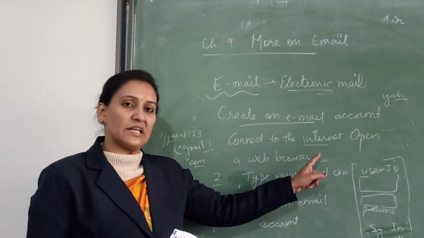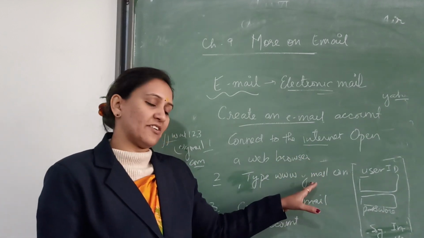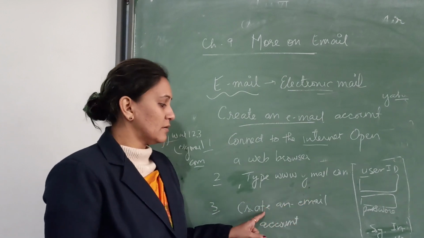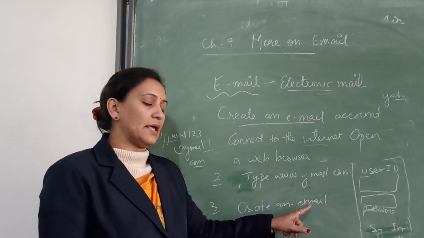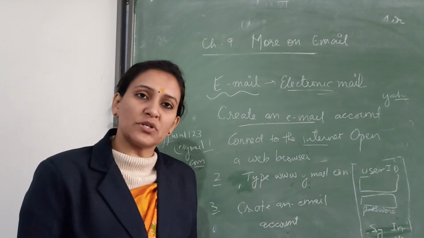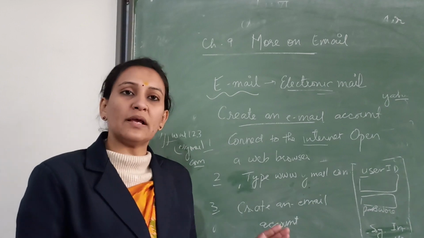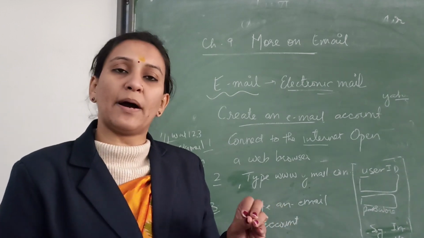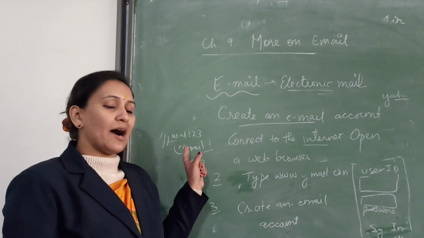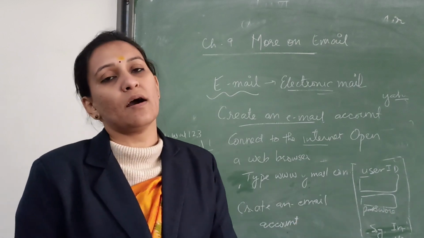You should be connected to the internet. Then you have to type Ymail or Gmail on the address bar. Then the third step is to click the create an email account button. Then you have to check the availability of the username and password. If it is valid and belongs to only one person, then it will ask you to continue and you would be taken to the new page of your email account.